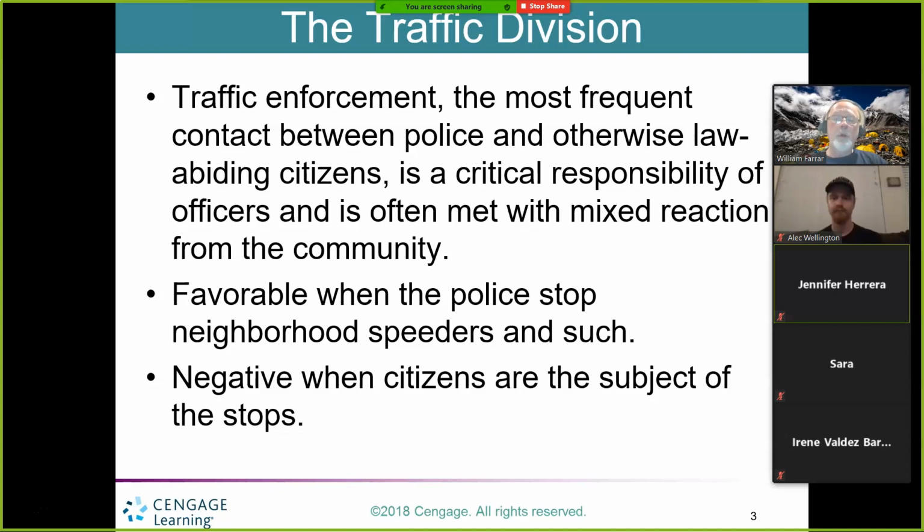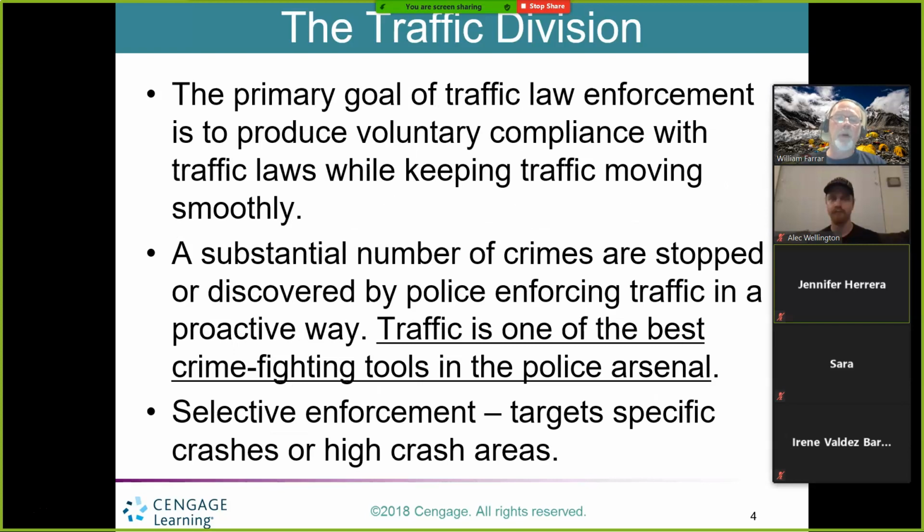People like you when you're out there in the neighborhood stopping speeders, reckless drivers, and people playing their music so loud that it vibrates through their window and you can hear it half a mile away. But they don't like you as much when it's them. So that's why you want to come up with your routine on how you're going to talk to somebody.